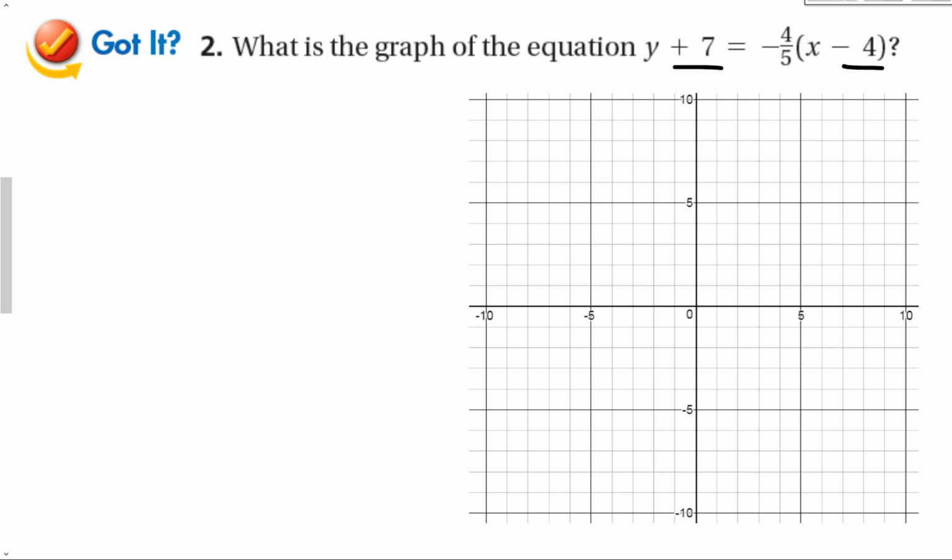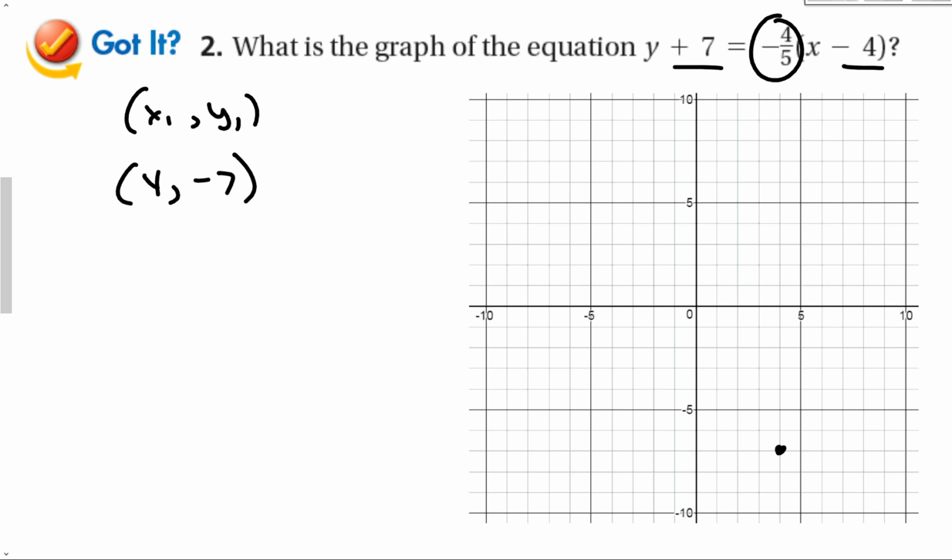Here are the coordinates of my point. My point, x1 comma y1, would be 4 comma negative 7. We take the opposite signs that we see here with this particular formula. So I put a dot at 4, then 1, 2, 3, 4, negative 7: 1, 2, 3, 4, 5, 6, 7.